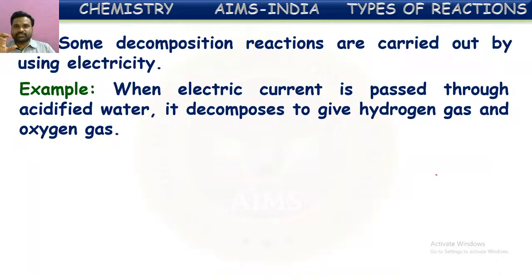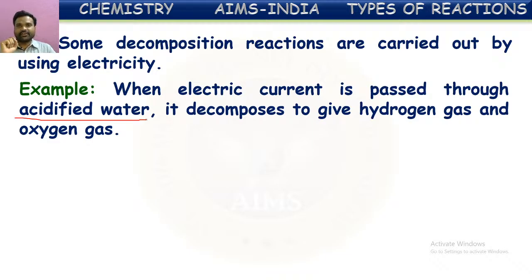When electricity is passed through water, it splits up into hydrogen gas and oxygen gas. Actually, we know water is a poor conductor of electricity. So to make it a good conductor, a small quantity of acid is added. Then that water is called acidified water. Water added with a small quantity of acid is known as acidified water.